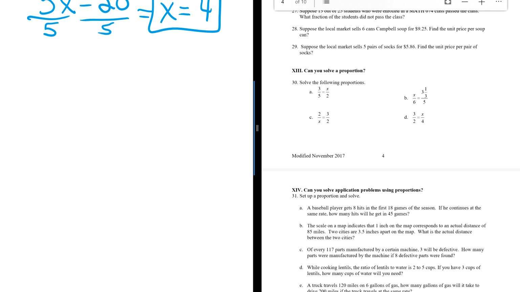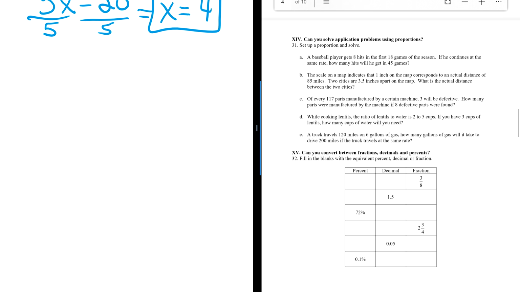All right, let's try some more of these application problems. And I've got number 31, A, B, C, D, E. 31A. A baseball player gets 8 hits in the first 18 games of the season. If he continues at the same rate, how many hits will he get in 45 games? And okay, this is a proportion problem because he's getting 8 hits in the first 18 games.